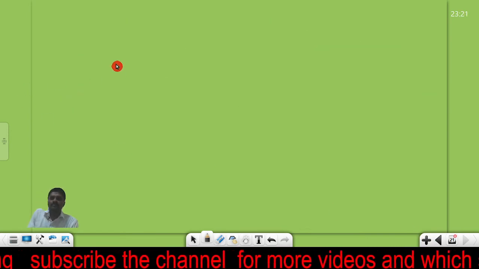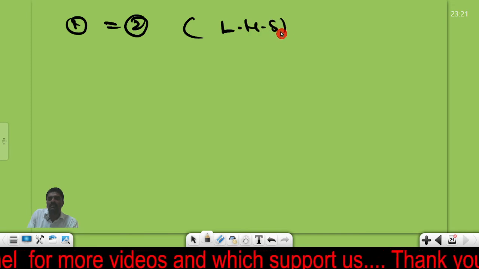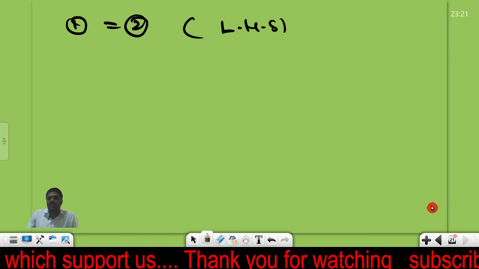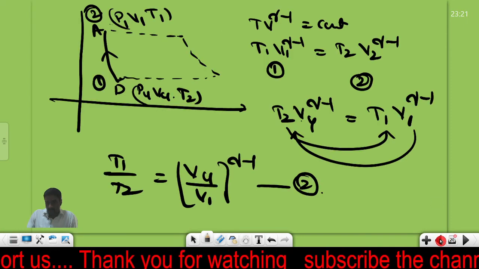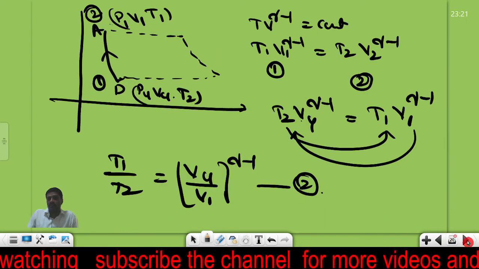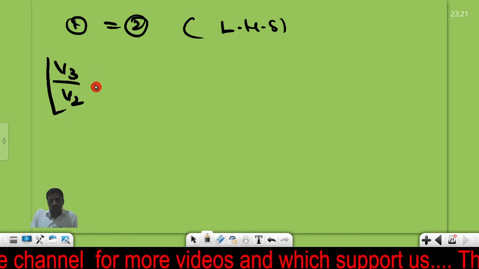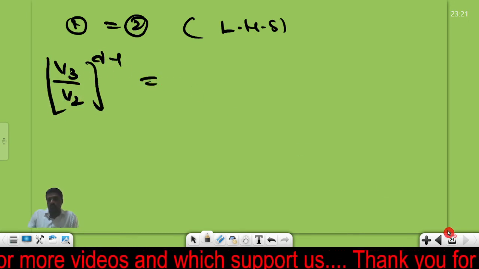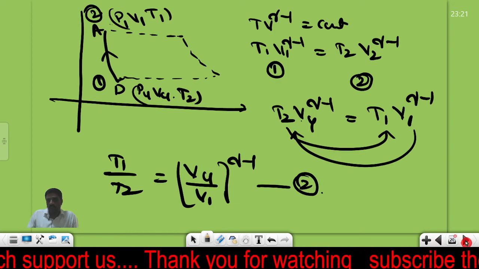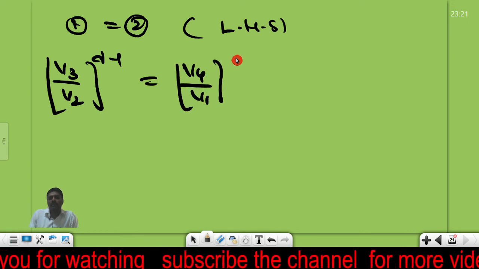The RHS of the first equation is V3 by V2 whole to the power of gamma minus 1, which is equal to V4 by V1 whole to the power of gamma minus 1.